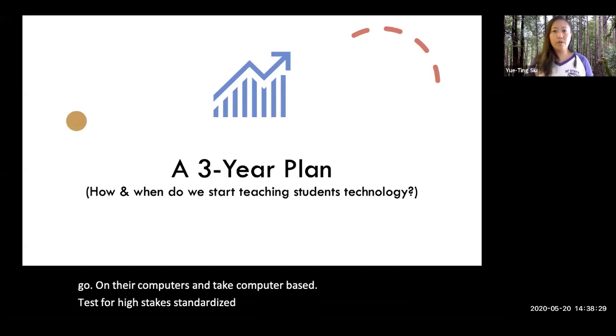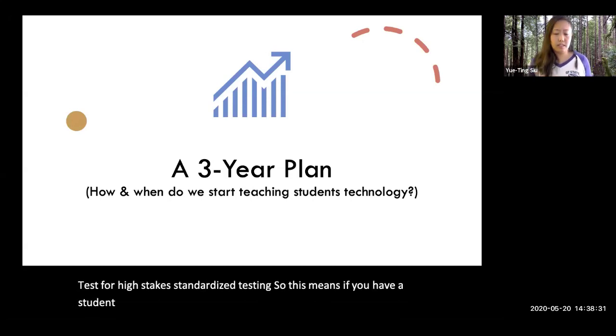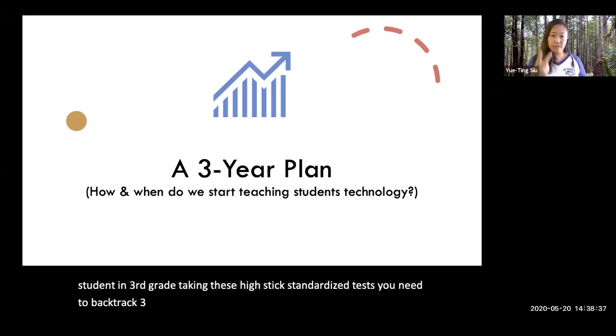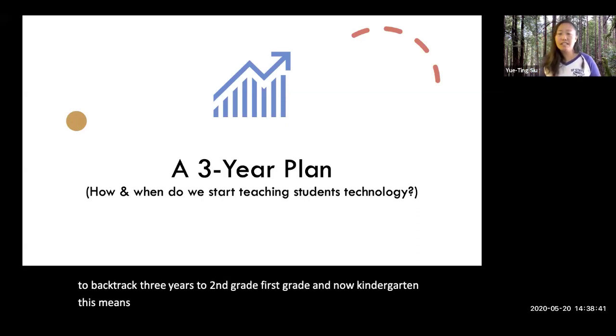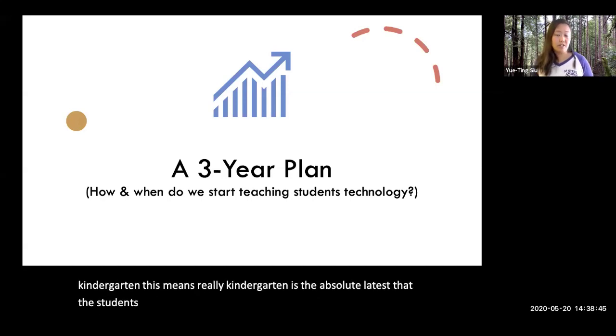So this means if you have a student in 3rd grade taking these high stakes standardized tests, you need to backtrack 3 years to 2nd grade, 1st grade, and now kindergarten. This means really kindergarten is the absolute latest that the students need to be introduced to technology.